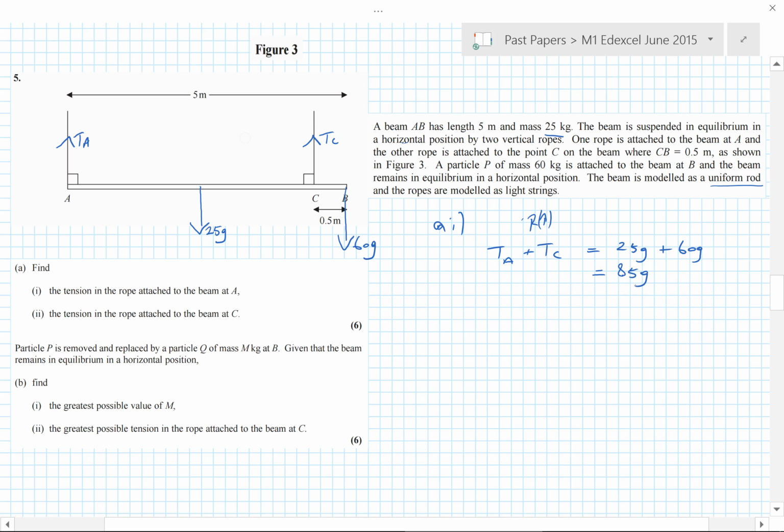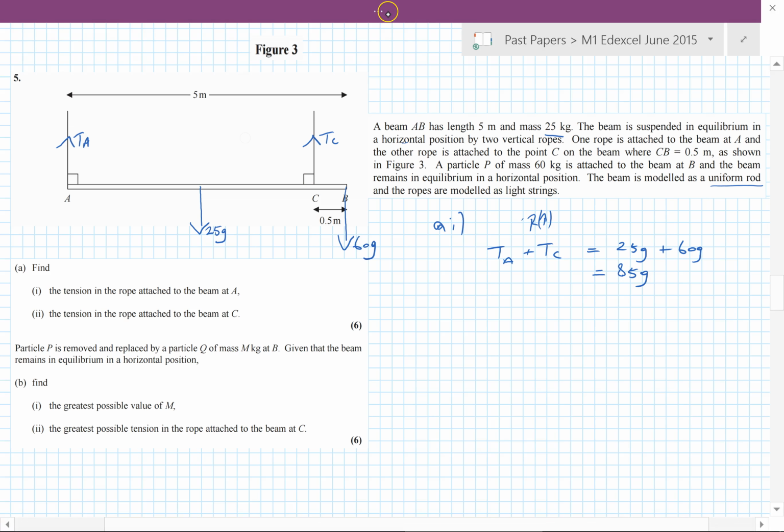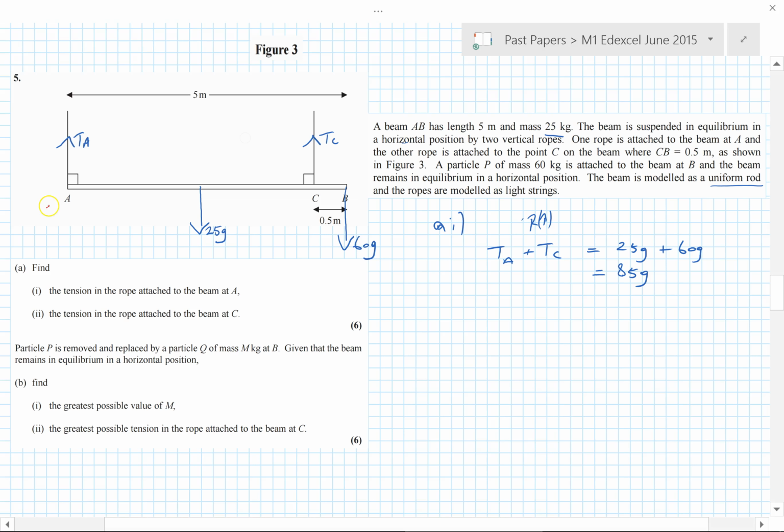Okay, nice and easy. Now for the next part, I'm either going to take moments about A, or I'm going to take moments about C. I could take moments about anywhere else, notably the middle or B, but it would make sense to take moments about A or C because I'm then only going to have one unknown in my equation.